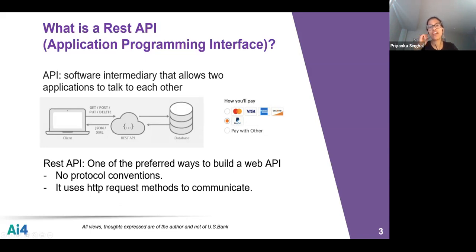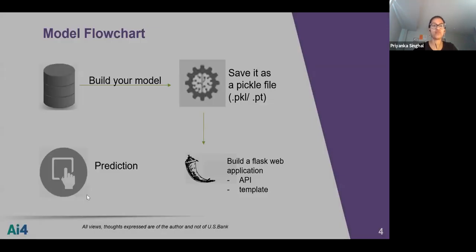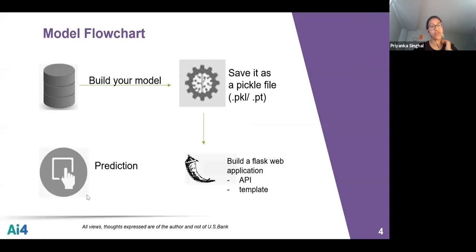Therefore, there are no protocol conventions required for client and servers to communicate with each other when it comes to REST APIs. With these four functions, it's sufficient in most cases. So that's about APIs. And next, we will talk about the flow chart.